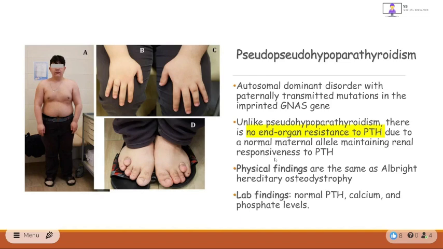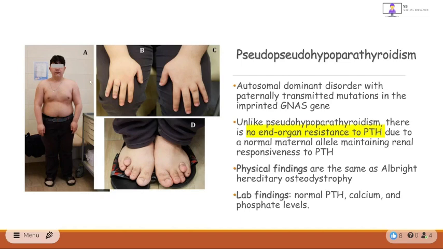So it has an effect on the growth hormone, but it doesn't have an effect on parathyroid hormone. Shortened fourth and fifth digits, round face, obese and short, right? This is because of the effect of growth hormone.